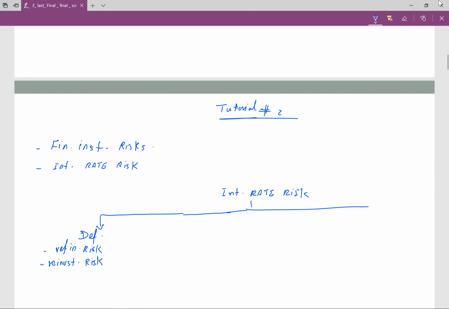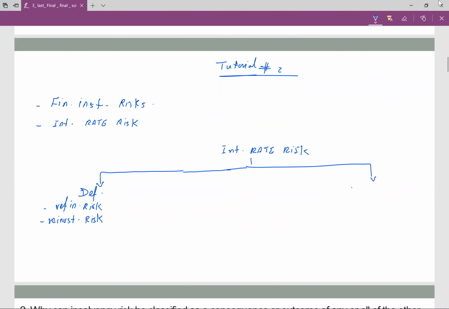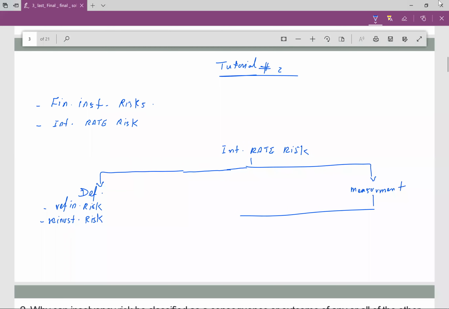Now, the other thing, which is the most important thing, is the measurement. We are not talking about the management, only the measurement. In the measurements, we have two models. We have a model called repricing model and the duration model.